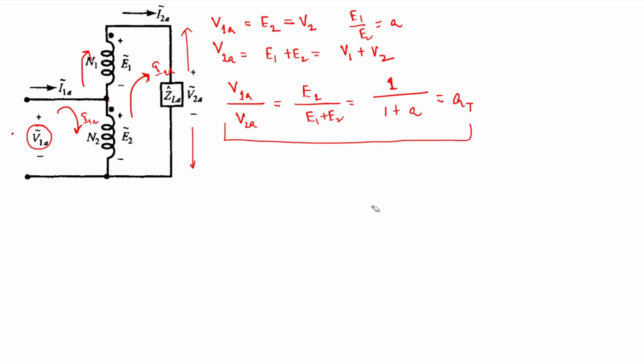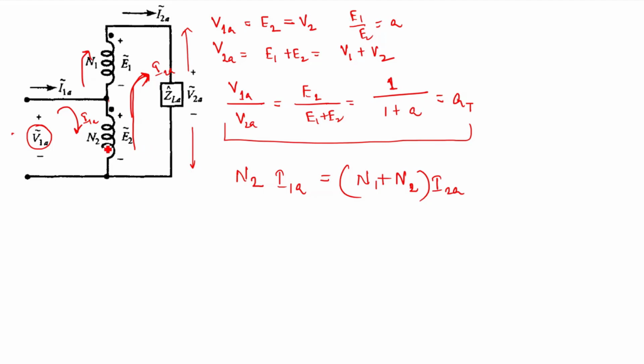Considering the MMF across both the sides, so both the windings. So MMF for N2, I1A into N2, that will be equal to N1 plus N2 into I2A, right? Okay, because I2A is flowing in both the windings N1 and N2, and I1A is flowing in N2 only, right?